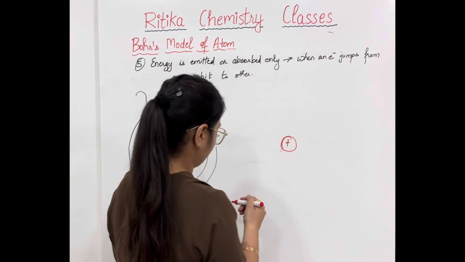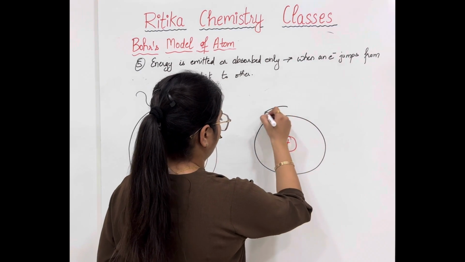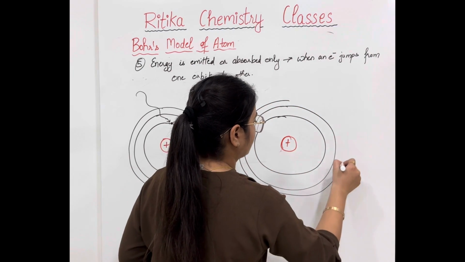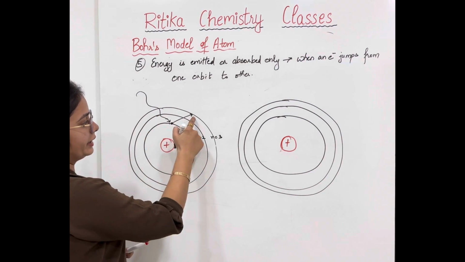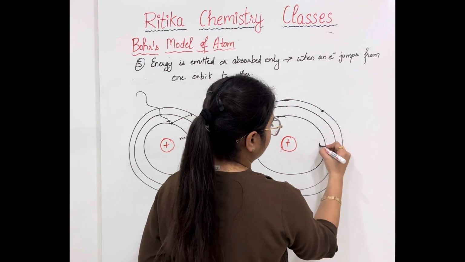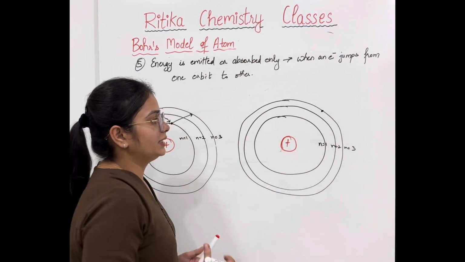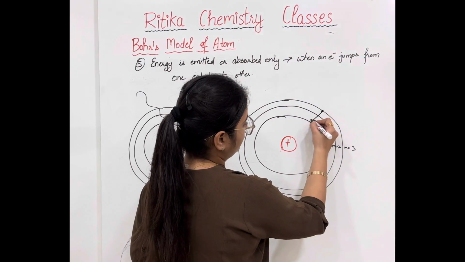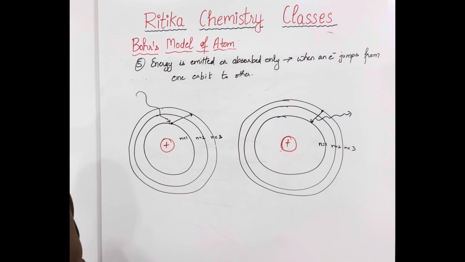Let us see. If this is again the nucleus and these are the orbits in which our electrons revolve. So after gaining this energy, the electron is now here in energy level 3. So this state is the excited state and is unstable. So electron will come back to its ground state by emitting energy in the form of radiation of suitable frequency or wavelength.